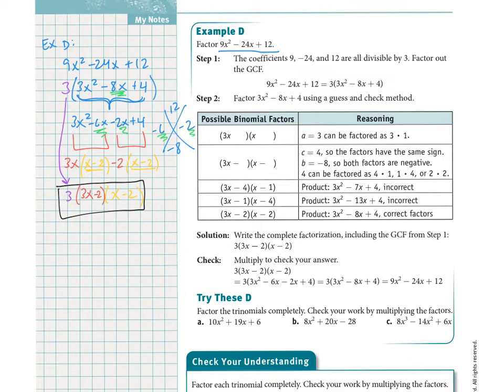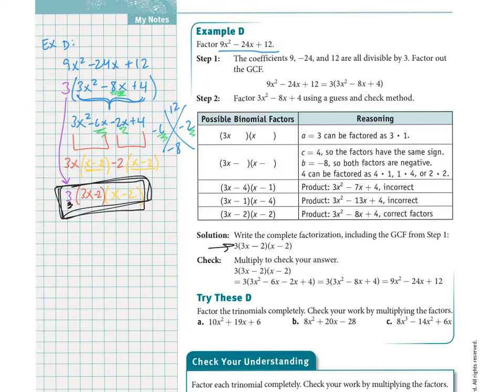Maybe if you use the distributive property, you will be able to multiply it back and see the original trinomial, but it has to be in this factored form. This 3, if not divided out, gets lost in one of those binomials, and we do not want that to happen. Okay. As you can tell, it matches our answer down here.